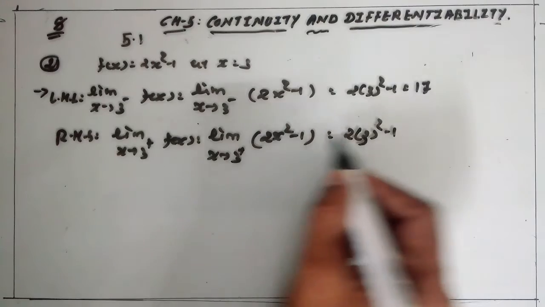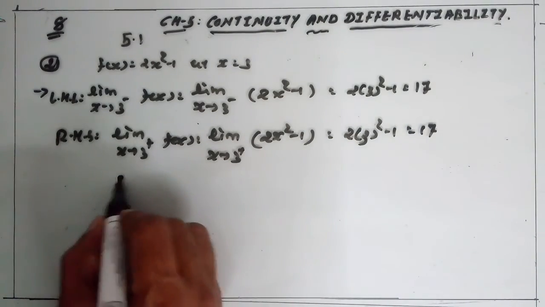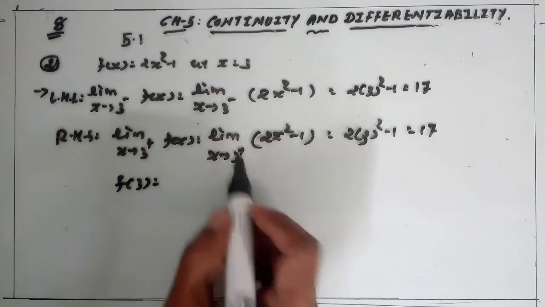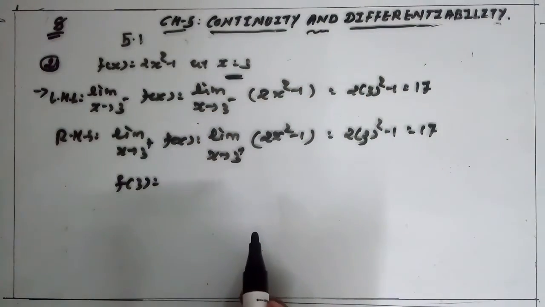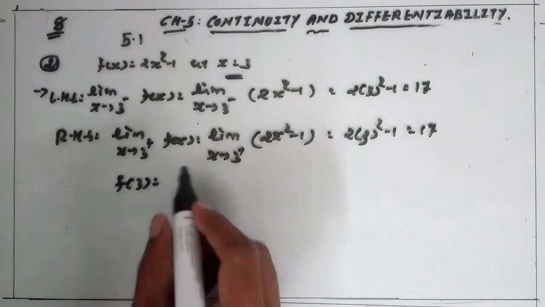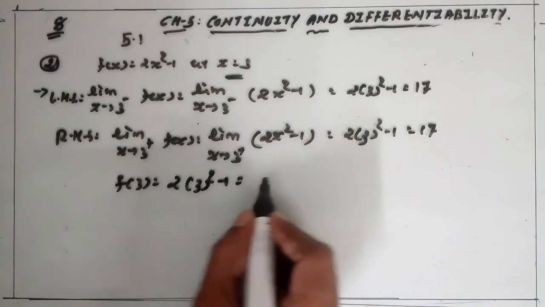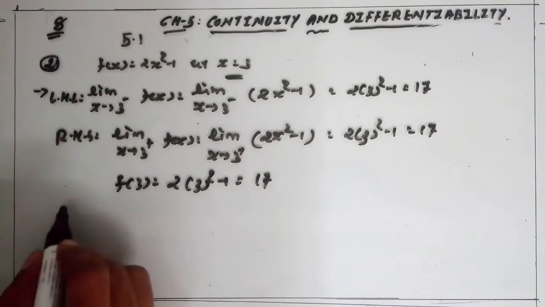Replace x by 3, so it is equal to 17. And f(3), since we want to discuss continuity at x = 3, is 2 into 3² minus 1, which is also 17.